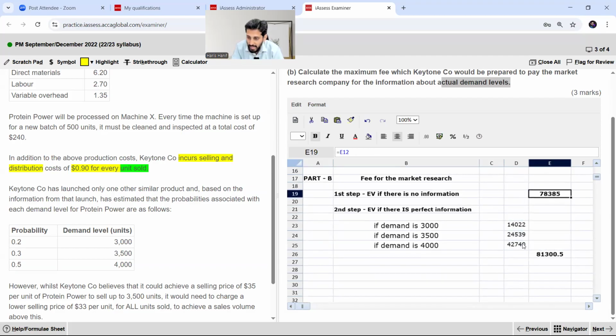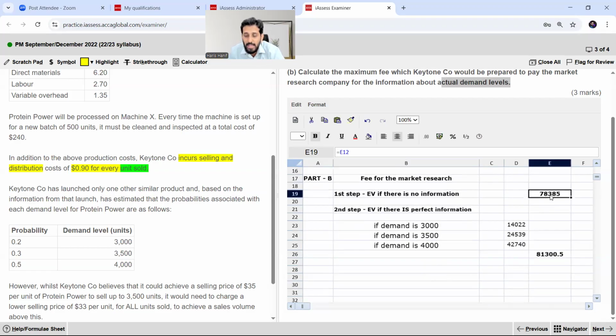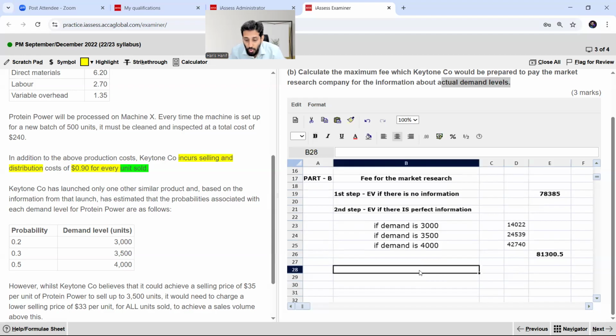Now, please analyze. If I have no information, this would be the return for me. If I have perfect information, I will have a return of this. So when I had no information, I got 78,000.